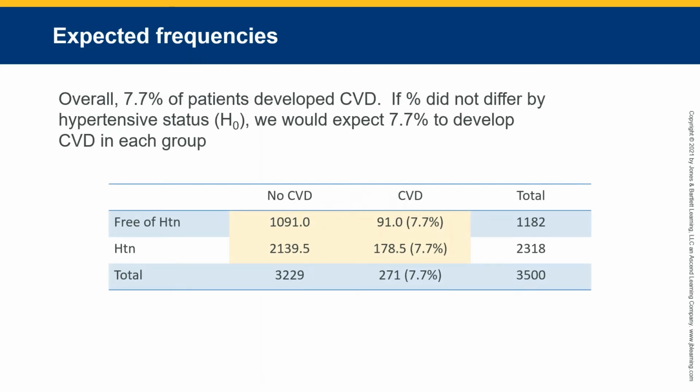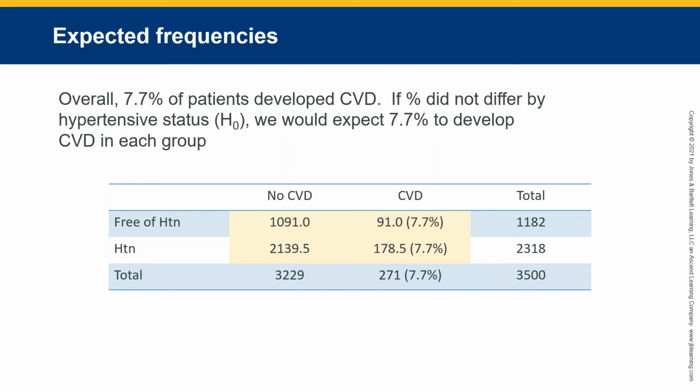So here's another table that shows the expected frequencies. The observed frequencies are our data, those we had previously. Here we have the expected frequencies, that is the number of patients we would expect to develop CVD and to not develop CVD if the groups did not differ in terms of their likelihood to develop CVD by hypertensive status.